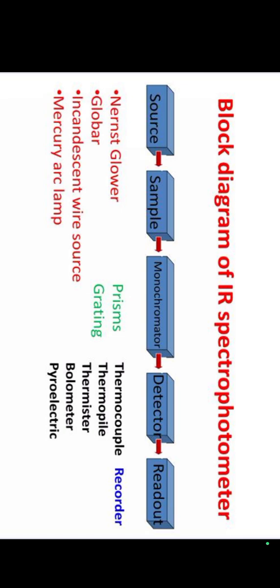The sources we use in IR spectrophotometer are Nernst glower, Globar, incandescent wire source, mercury arc lamp. The monochromators are prism and grating. The detectors are thermocouple, thermopile, thermistor, bolometer, pyroelectric. Readout is a recorder in a graph.